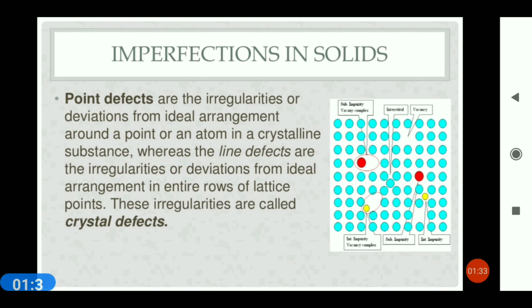When we talk about imperfection in solids, they are of two types and we have to deal with only one, that is the point defect.